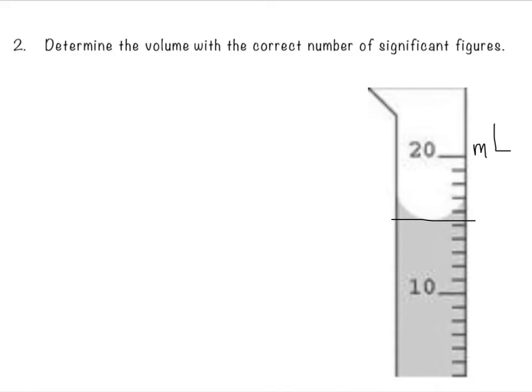The smallest unit marking is the 1 milliliter, and so therefore I must estimate to the tenths, and so everyone would have 15 point, and then that last digit is going to vary. You could say 15.2, 15.4, I don't care, but it has to have 15 point something.